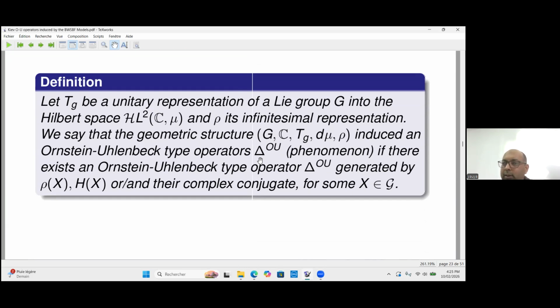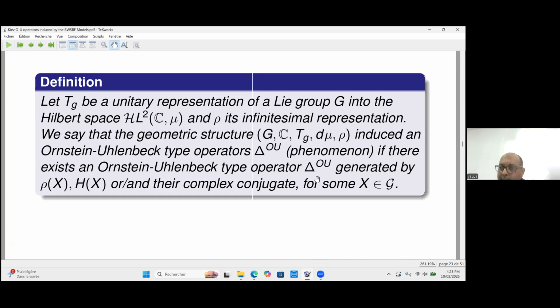Here we have a quadruple: the group, the state space where the group acts, the representation and the measure, and our infinitesimal representation, which is a first order differential operator depending on the Lie algebra. And we say that this geometric structure induces an Ornstein type operator if there exists an Ornstein-Uhlenbeck operator that is second order and invariant.